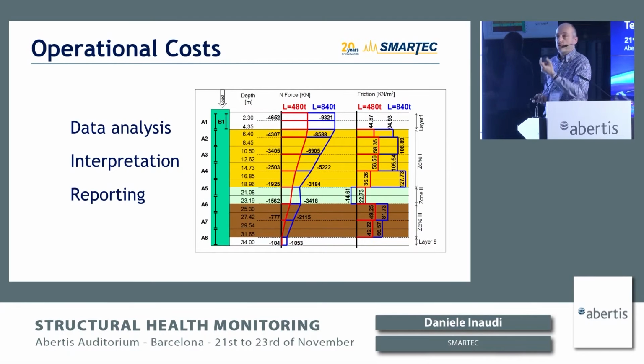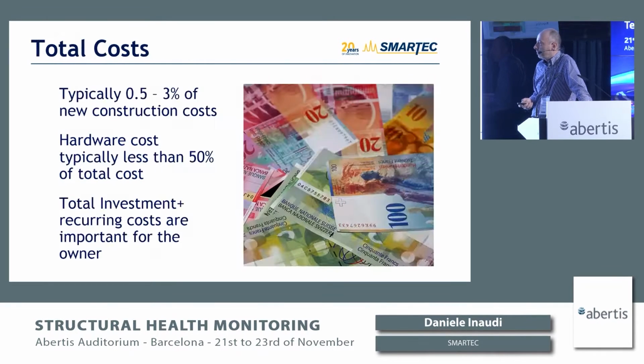Okay, so if I measure strain, and I report the strain evolution, that's not very useful for the owner of the structure. He wants to know what's the residual fatigue life, for example, or if that value is in line with expectations or not. So data analysis and interpretation is where the value of structural monitoring really becomes apparent.